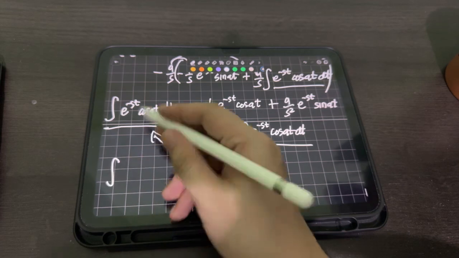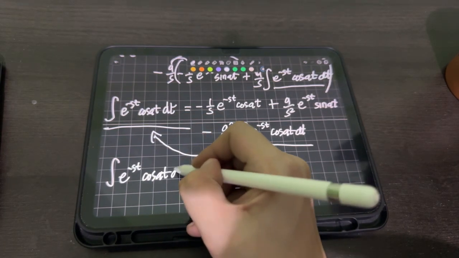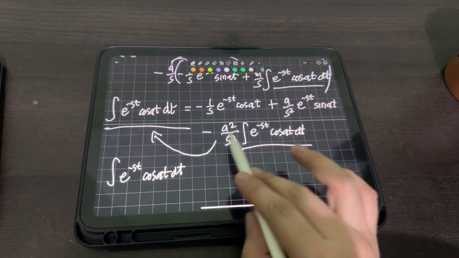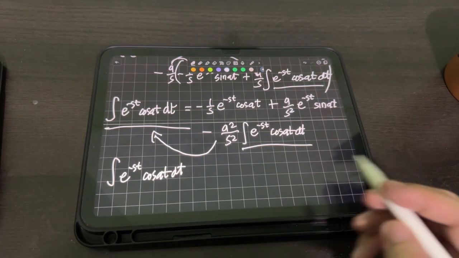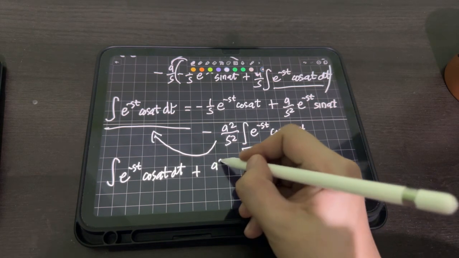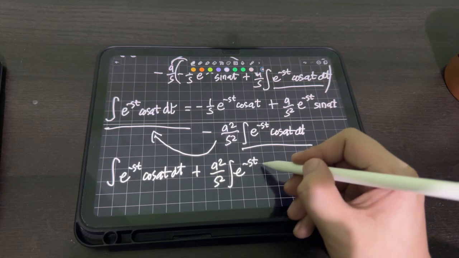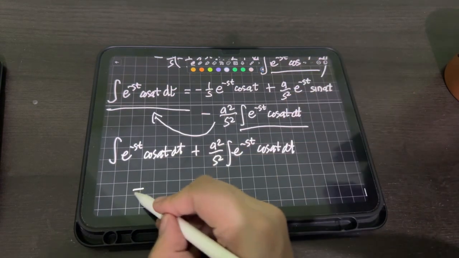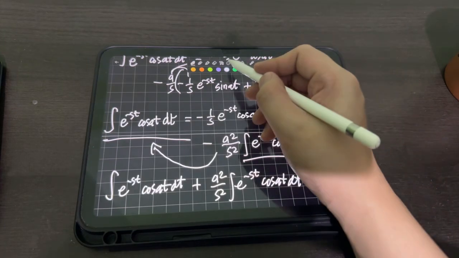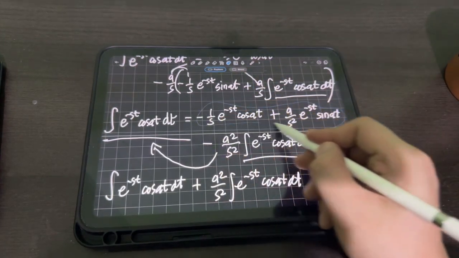So doing that, we will have integral of e to the negative st cosine at dt. If we transpose negative a squared over s squared to the left side, it will become positive a squared over s squared integral of e to the negative st cosine at dt equal to the remaining terms on the right side, which are these two terms.